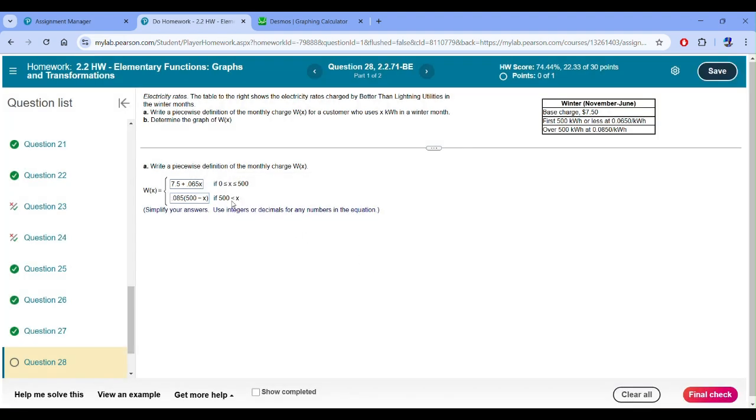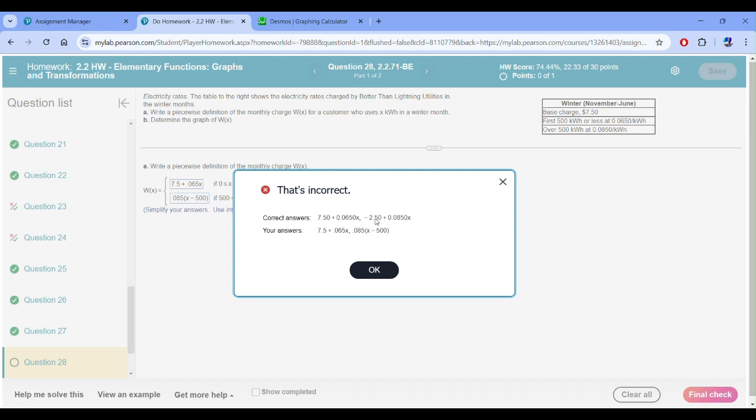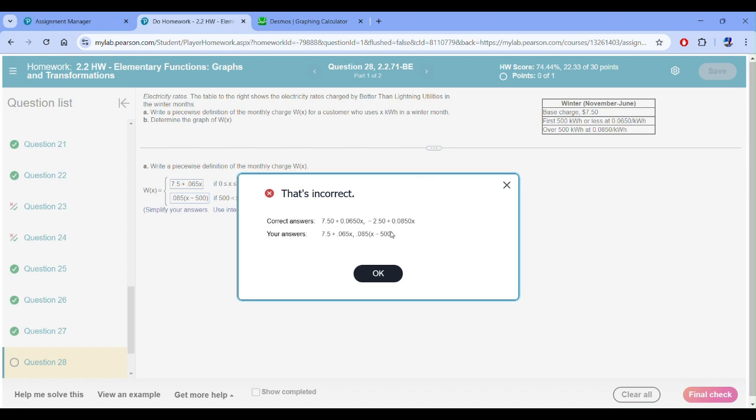If 500 is less than x, oh, x minus 500. Correct answer. I've got to distribute it? Oh, I need to distribute it. Okay, so if I just multiply 0.85 times that, it gives me 250? Really?